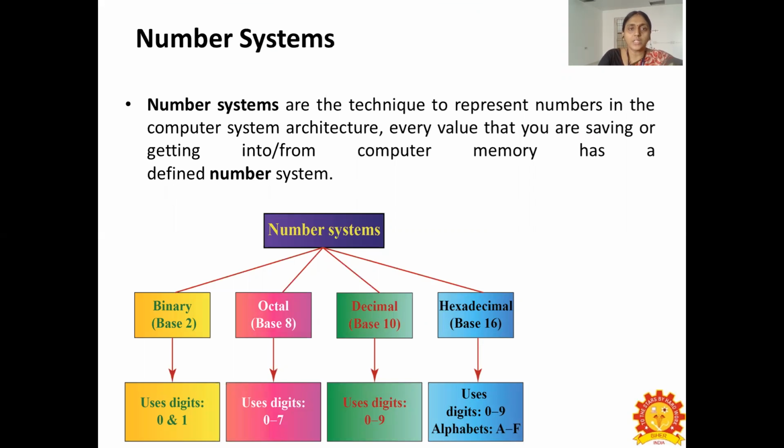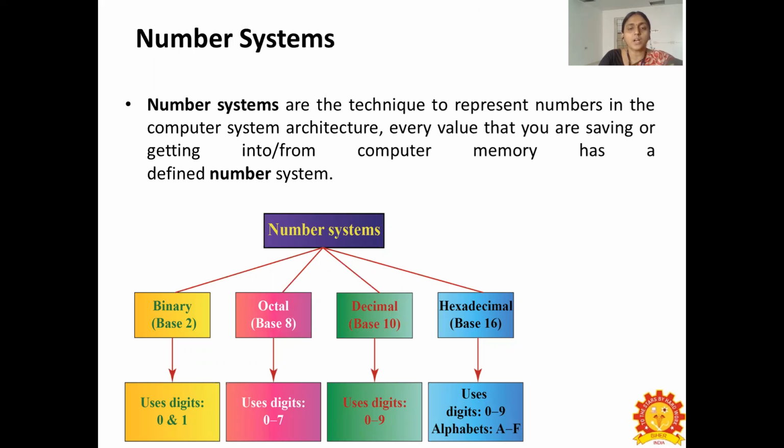And now we are going to see what are number systems. Number systems are the technique to represent the numbers in the computer system architecture, like every value that you are saving or getting into or from the computer, and they are defined as a number system. So we use number systems in our real world life.